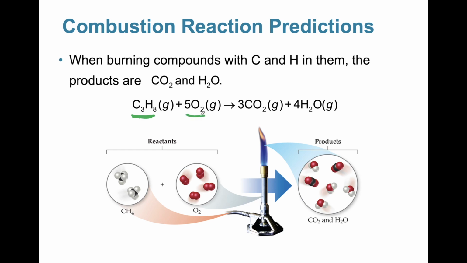It needs 5 oxygen molecules to be balanced with 3 CO2s and 4 waters. And so here again, all combustion reactions always start with some kind of hydrocarbon as a fuel, either methane here, or here we have propane.